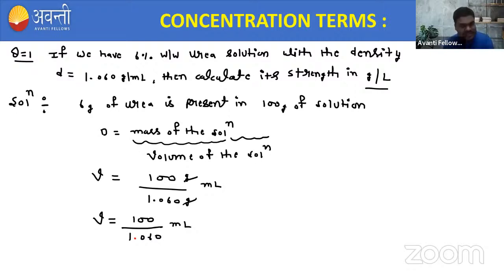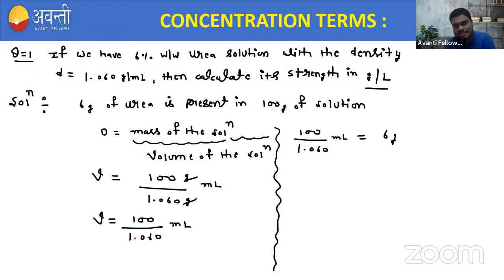Now we know that in 6 gram, right? Let me write here. This many ml is equal to 6 gram, right? So for the 1000 ml, you have to calculate for 1000 ml, because we have to convert this into liters.